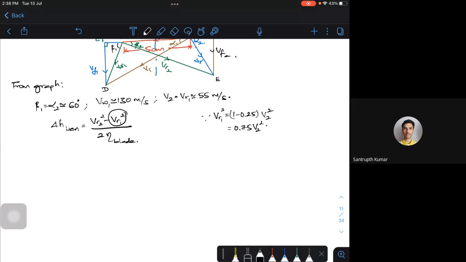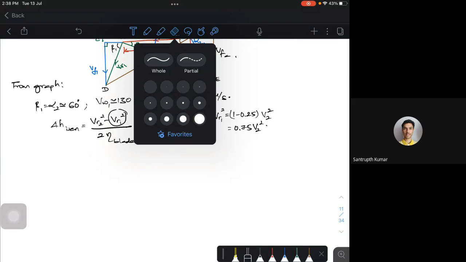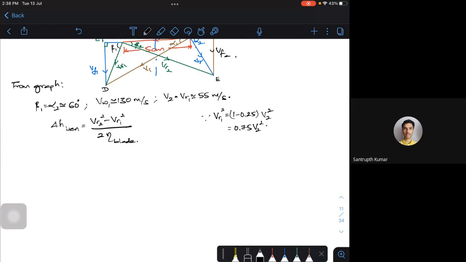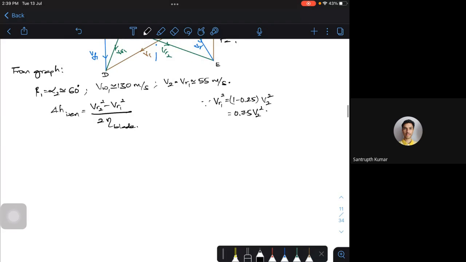So I will replace VR1 square by 0.75 V2 square and try to get the isentropic enthalpy drop. 0.9 is your blade efficiency. So what is your VR2 square? This is V1, not VW1, V1.